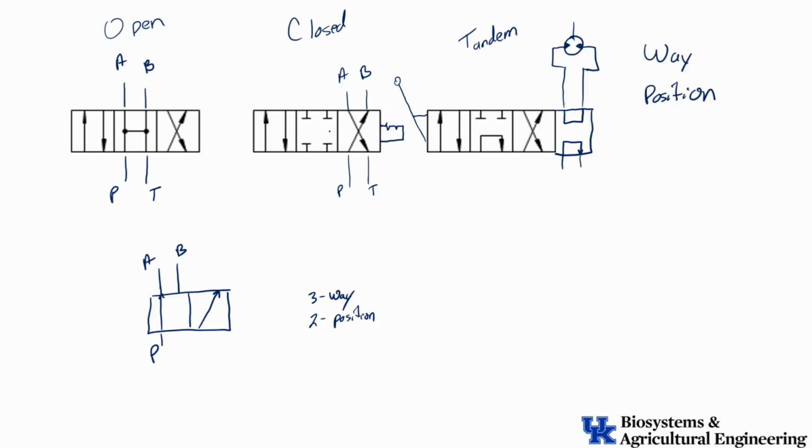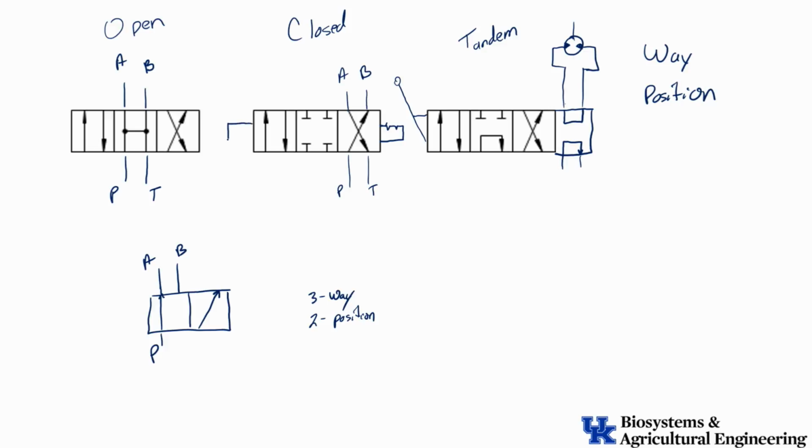If we have a detent on the valve, that means when we move it from the center to one of the side positions, there will be a lock and it'll stay there. If we don't have a detent, I have to hold it open to make it open. If I let the lever go, it'll just spring return back to its center position. So we can put detents in there.